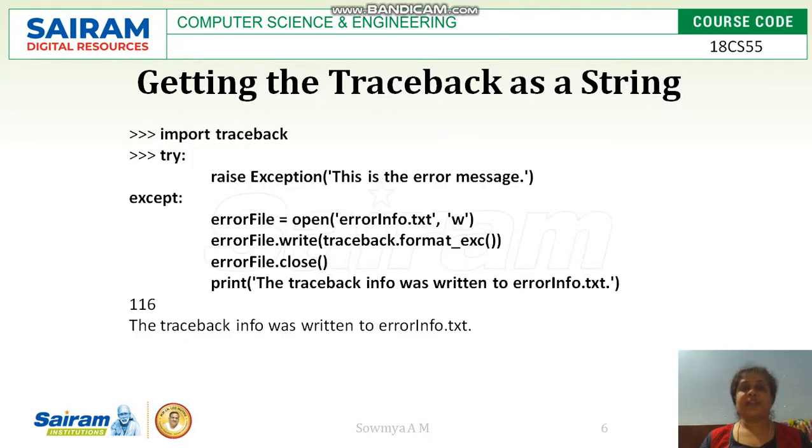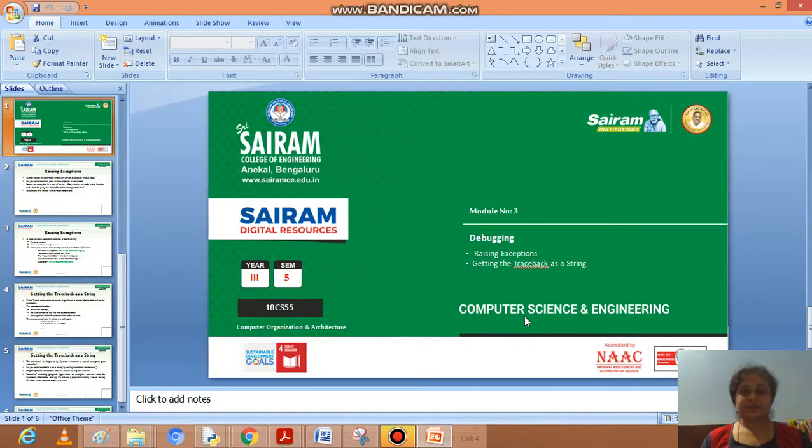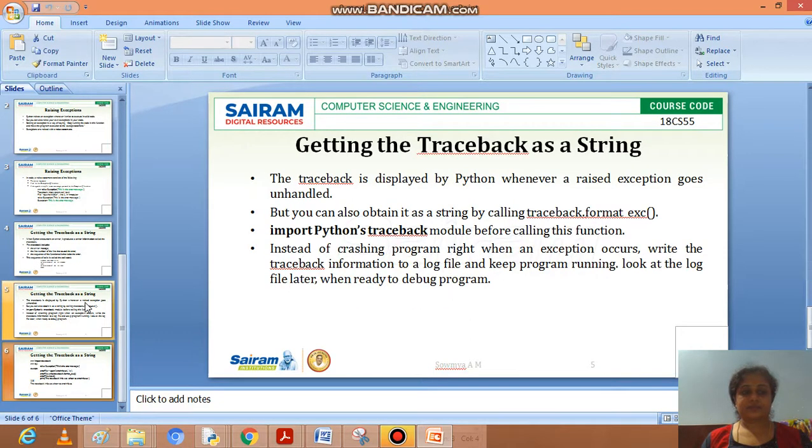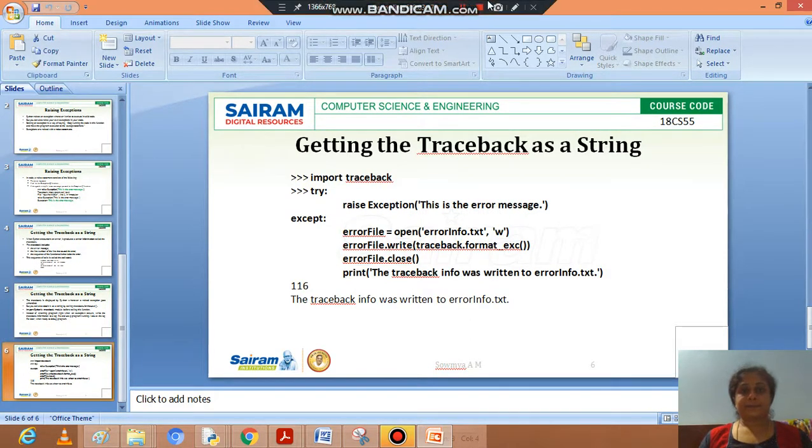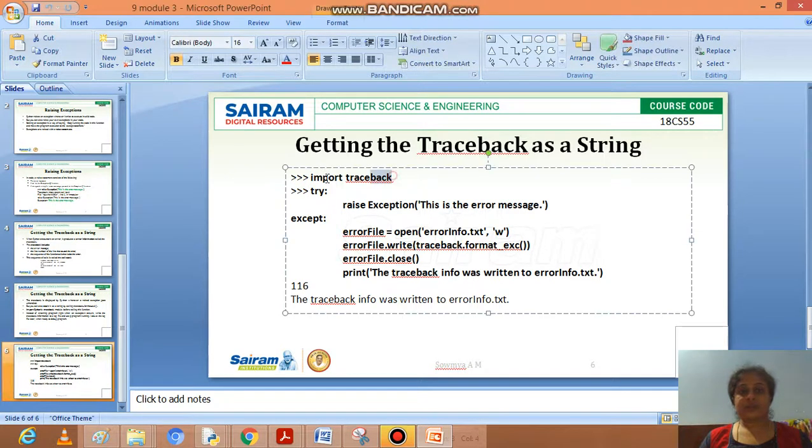You can open a file and write the error message raised in the program into a text file, so that it can be used for debugging the program. So let me execute this statement.